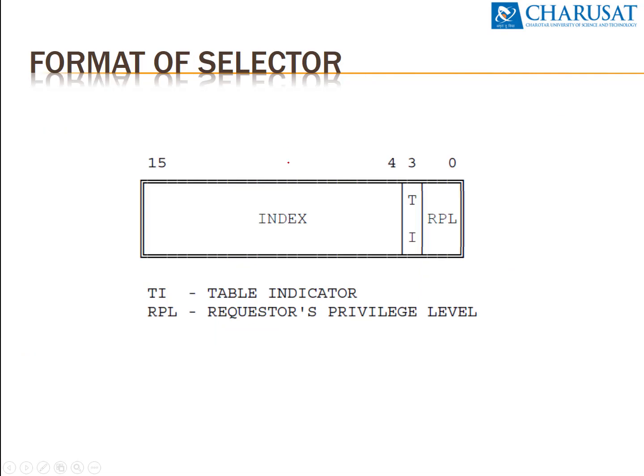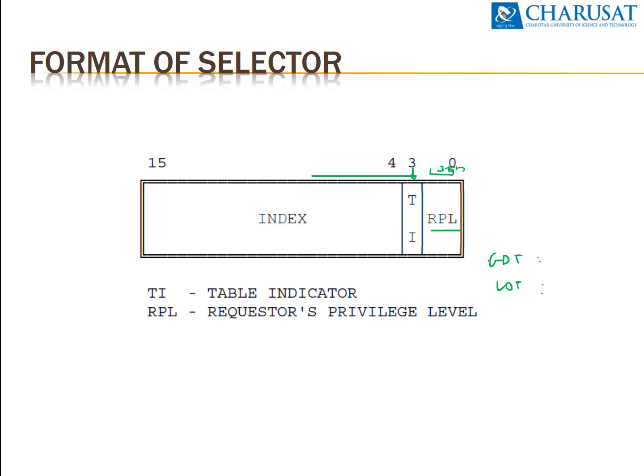This is the format of the selector. The first three bits, 0, 1 and 2, are used for RPL, the request privilege level, for the security and protection mechanism. The fourth bit indicates the table indicator. There are two types of table, the GDT table and the LDT table, that we are going to see soon. GDT stands for global descriptor table, LDT stands for local descriptor table.